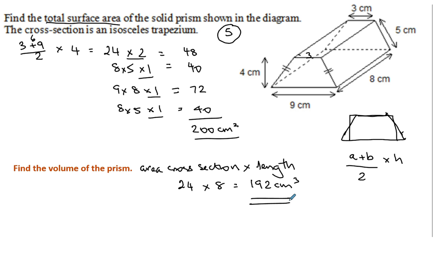It's a good 3-4 mark question, isn't it? Can you see the workings are just so simple, everything's laid out so well. If you're going to make a mistake, it's just going to jump out at you and say, no, no.